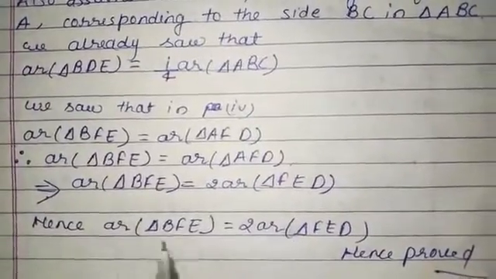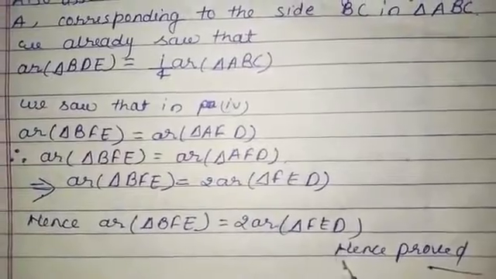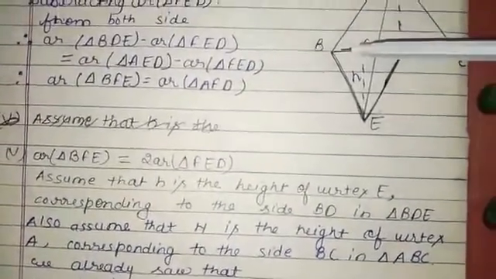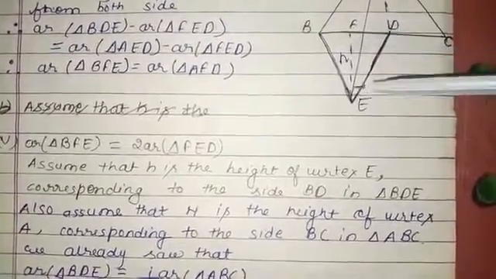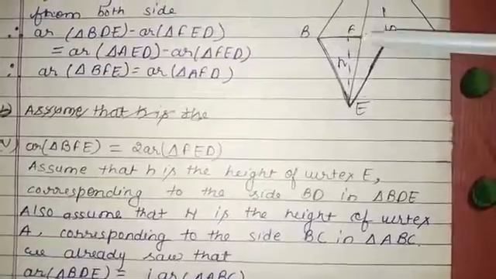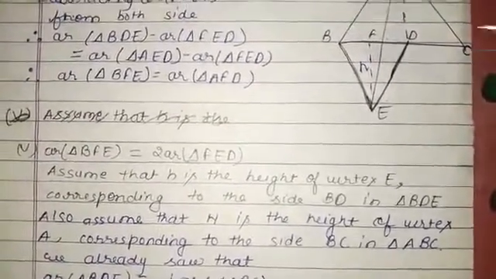So hence area of BFE is equal to 2 into area of FED, hence it is proved.